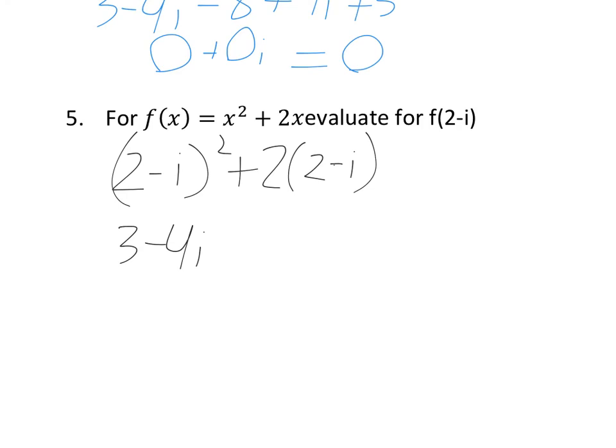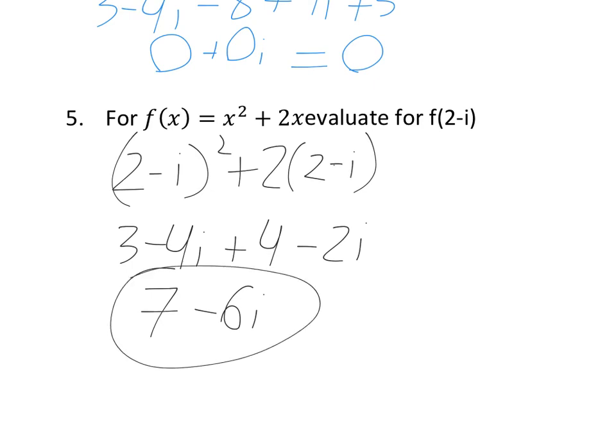We're going to distribute that plus 2 to get plus 4 and a minus 2i. Combine our like terms. We've got a real 3 plus a real 4 gives us a real positive 7. We've got an imaginary minus 4i, an imaginary minus 2i. It's going to give us a minus 6i as our final answer.